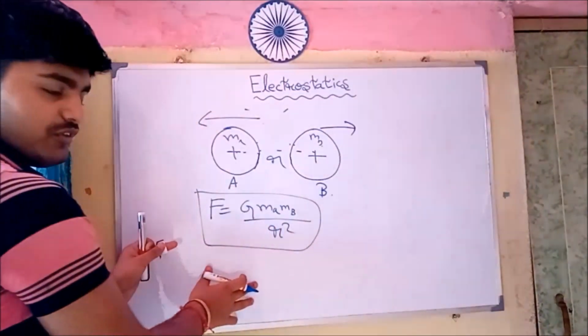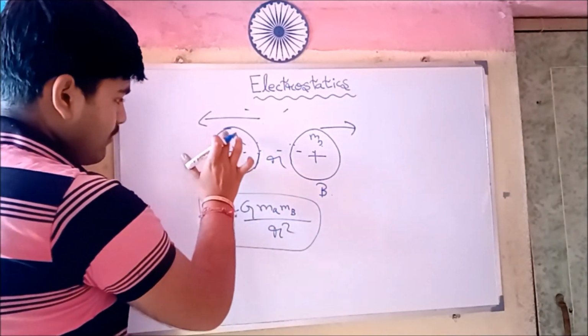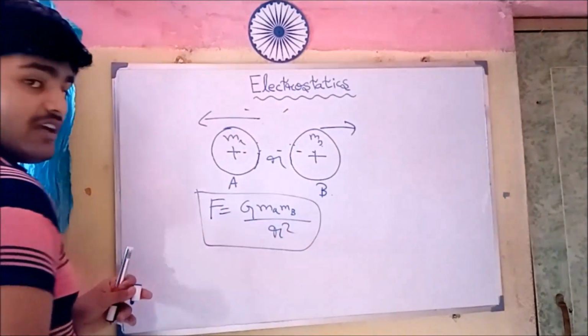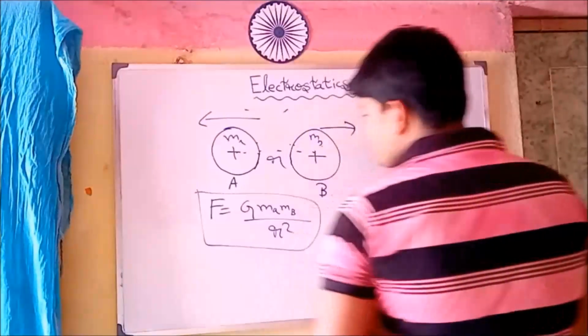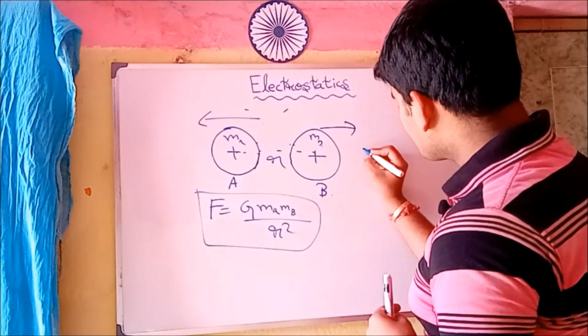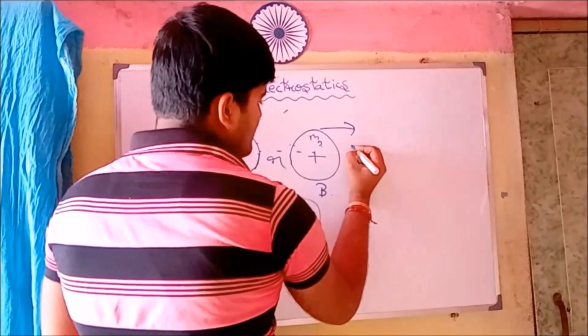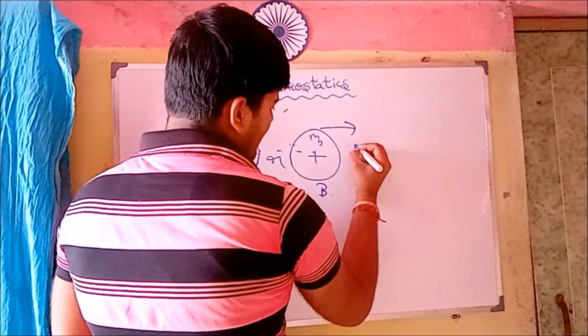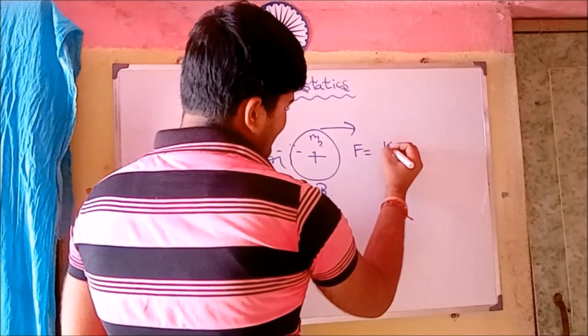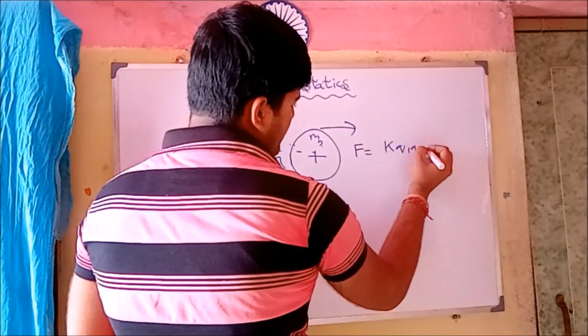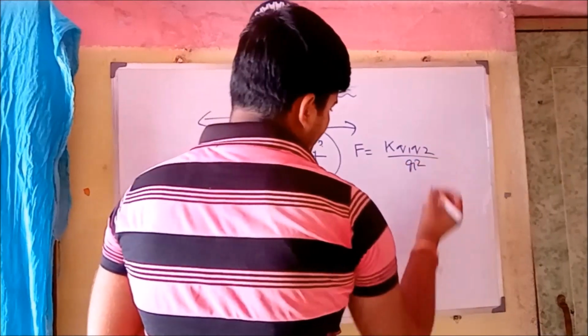The gravitational force between them is F is equal to G m of A into m of B by r square. Now there is one repulsive force between them which is F is equal to K into Q1 Q2 by r square.